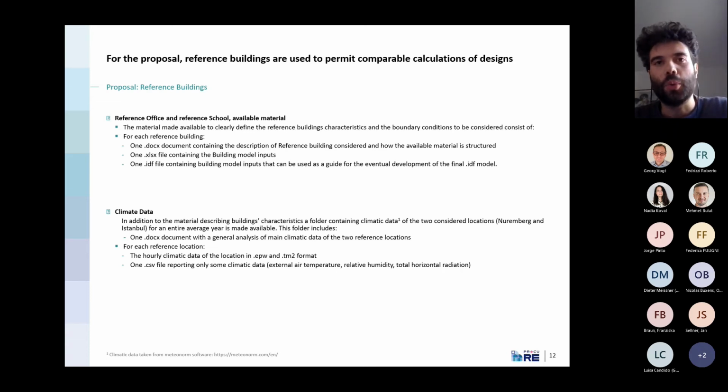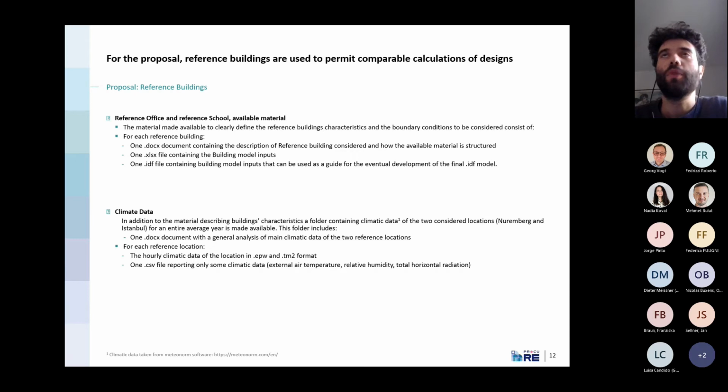In addition to this document that describes the locations considered, the climatic data are available basically in three formats. We have the EPW and TM2 formats that are commonly used in dynamic simulation programs like EnergyPlus or TRNSYS.